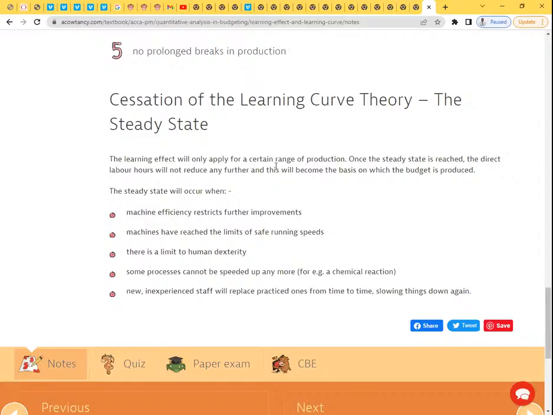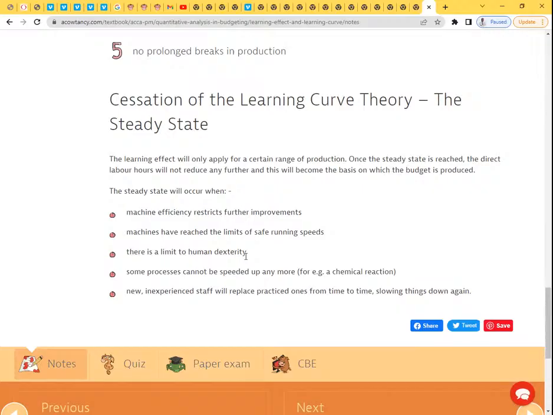right? So there is a limit to human dexterity, right? Remember, dexterity is that skill you have, especially when you are producing things manually. When you're producing things manually, there is a maximum you can go to, right?